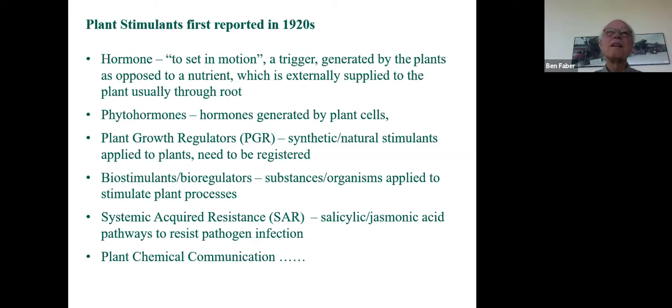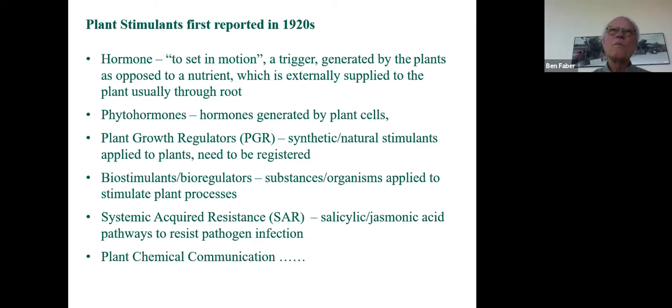These can be applied externally as you would a PGR, since they are PGRs actually, but they're not naturally occurring. For example, the phosphorus acid materials are not naturally occurring, but they act as if they were a hormone. And then we get into this really complicated sphere of plant chemical communications.